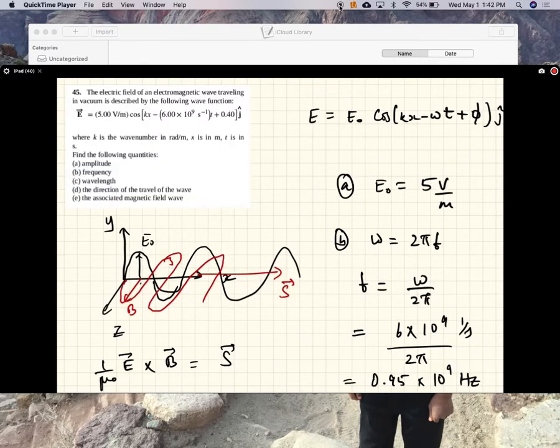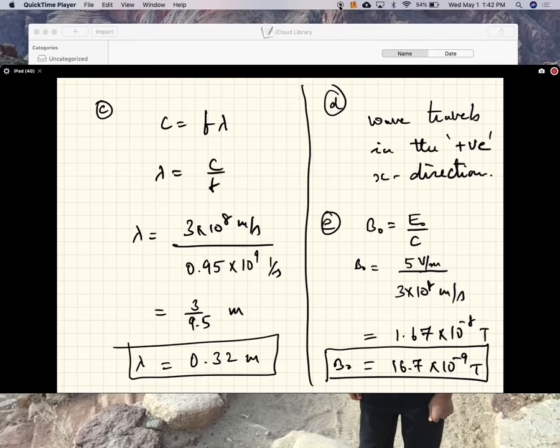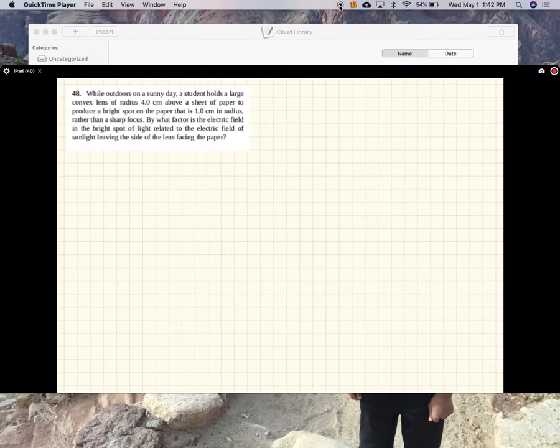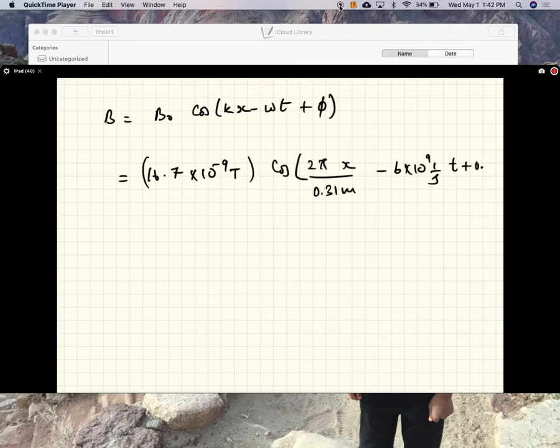What was phi? 0.4 radians. So there is the mess, but there is the magnetic field. It's in the z direction, k hat. The magnetic field vector is in the z direction. So there is B of x and t.